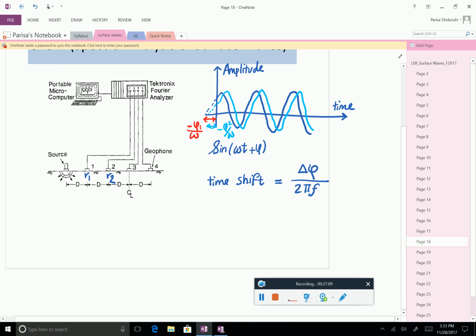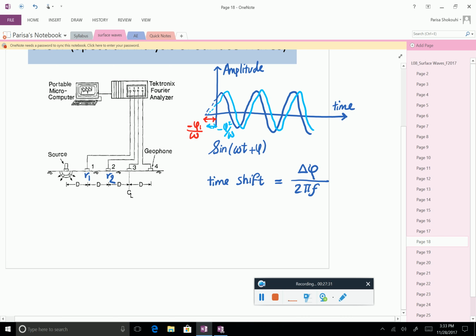Let's actually look at this figure. So that's a very typical, simple surface wave testing. Here you have a source. It could be like something like that. It could be like a wedge, transducer and a wedge. You have, let's say we are just looking at two receivers. We can do this between any pair of receivers.